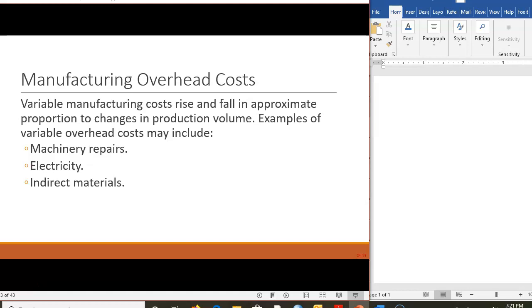Our variable manufacturing costs can rise and fall with changes in production volume. This is usually things like our utilities, the amount of setup and repairs our machine needs, and any indirect materials that we're using on our production or our machinery.